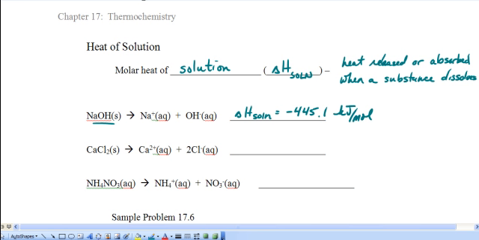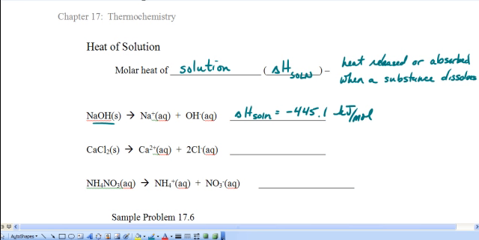Sulfuric acid has a very, very high delta H of solution. As you add water to that, in fact, it can boil the water. When you dilute concentrated sulfuric acid, you have to do it in an ice bath to keep the temperature down. Otherwise, you'd be boiling the water and splattering the acid out of the container. You don't want that to happen either. All right, so just simply dissolving something in water is going to either release or absorb energy.